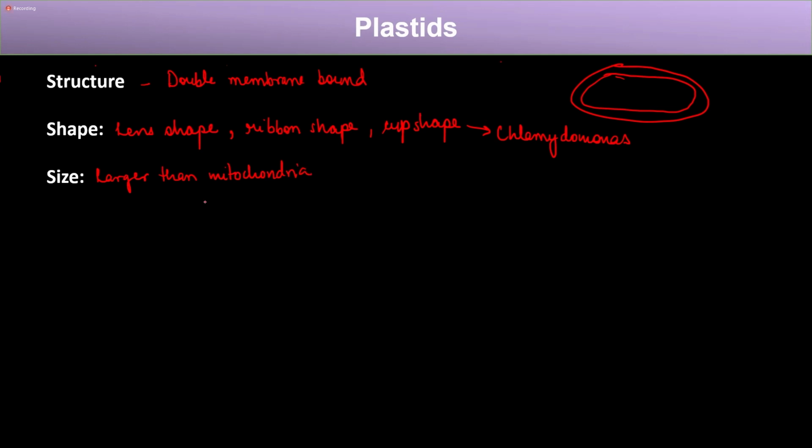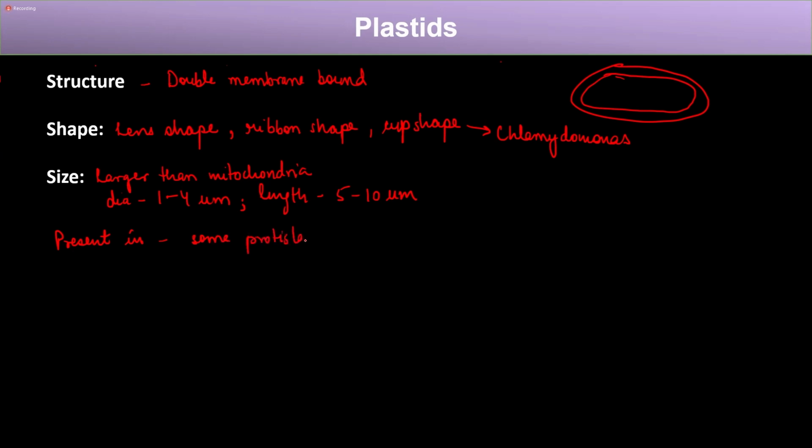It is larger than mitochondria, and it has a diameter of 1 to 4 micrometer, but the length is 5 to 10 micrometer. Now, if we talk about its presence, it is present in some protists.